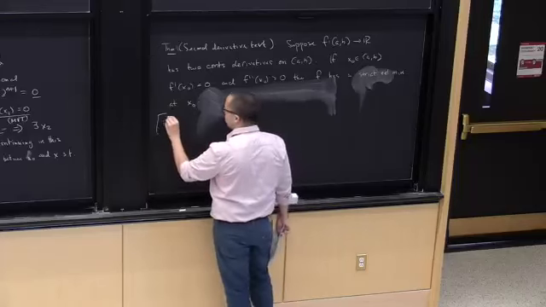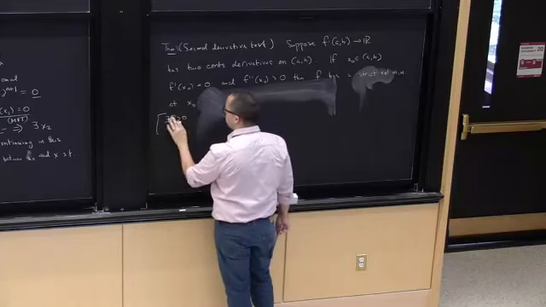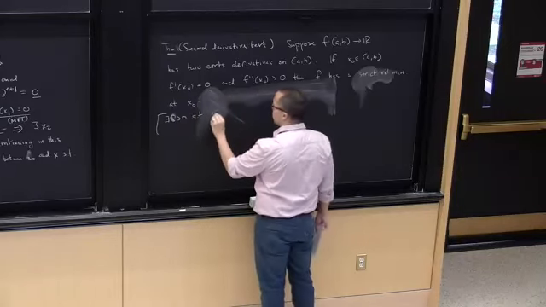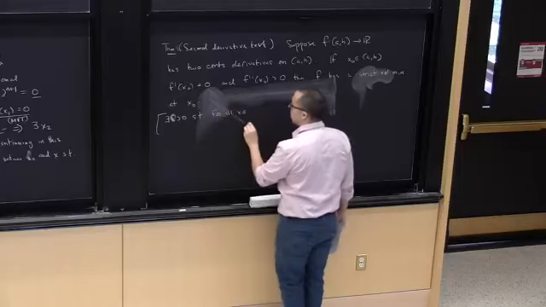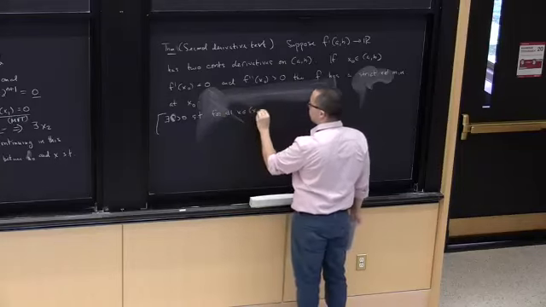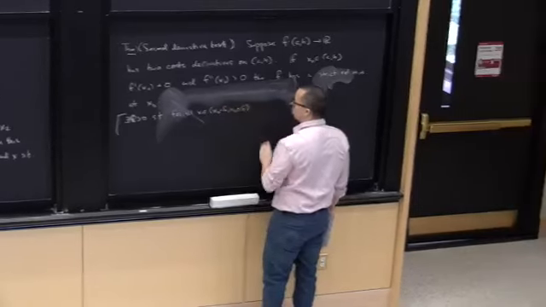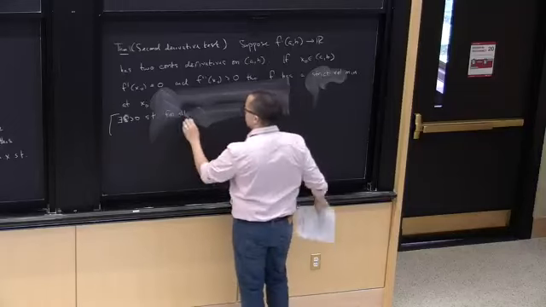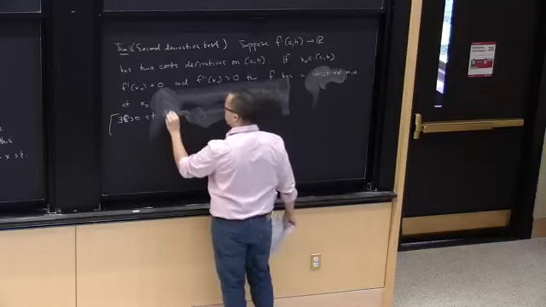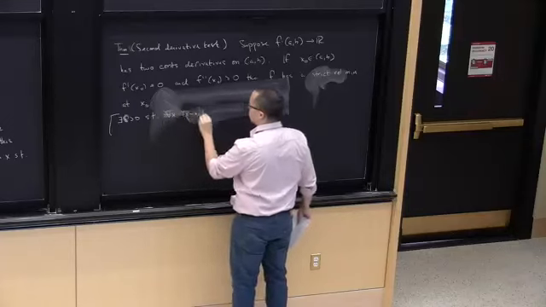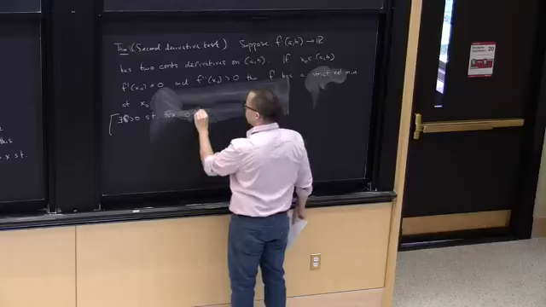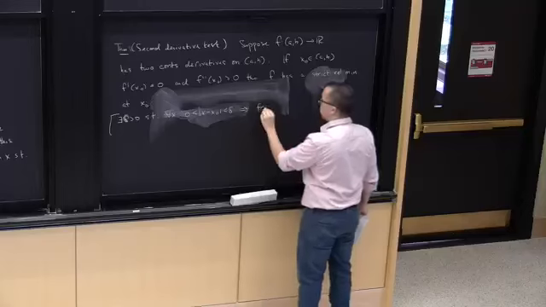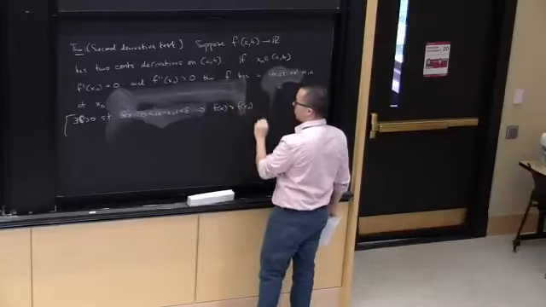This means there exists a delta positive such that for all x in the interval, the absolute value of x minus x0 less than delta, and x not equal to x0, implies f of x is bigger than f of x0.